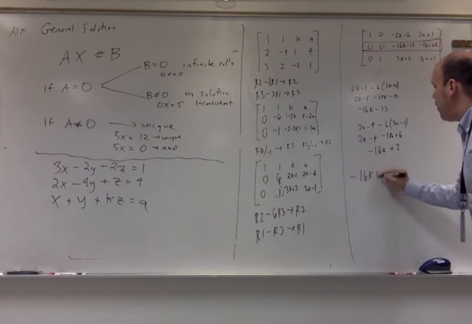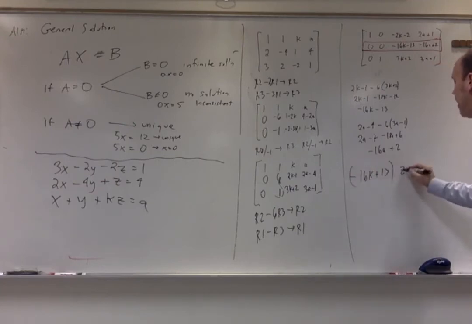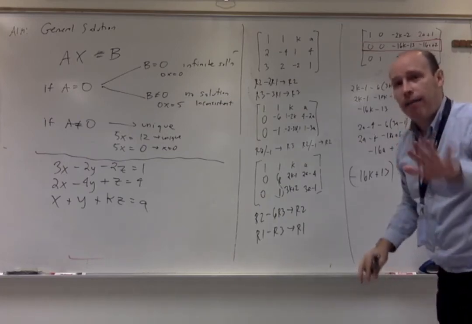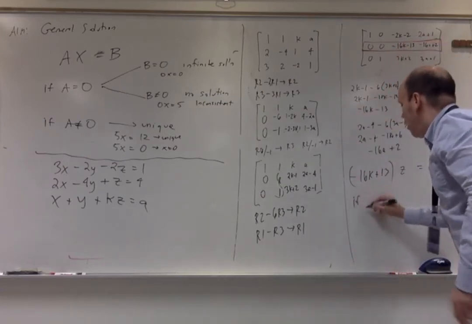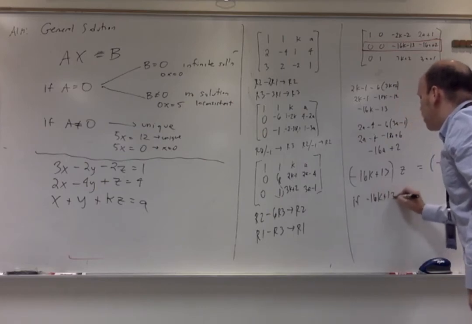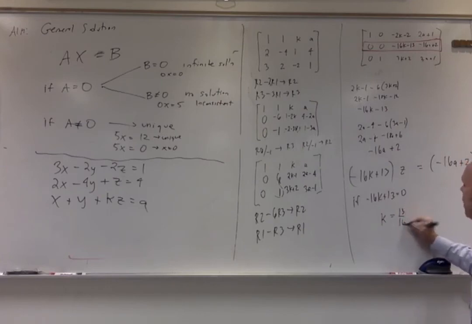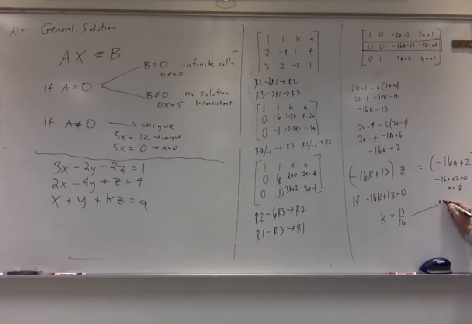Negative 16k plus 13, times z, equals negative 16a plus 2. So you say, if negative 16k plus 13 equals 0, so if k equals 13 over 16, and we take this negative 16a plus 2 equal to 0, if a equals 1/8, then we have infinite solutions.